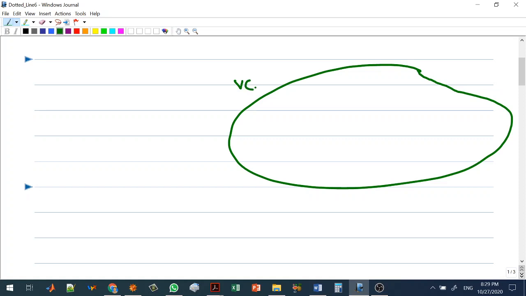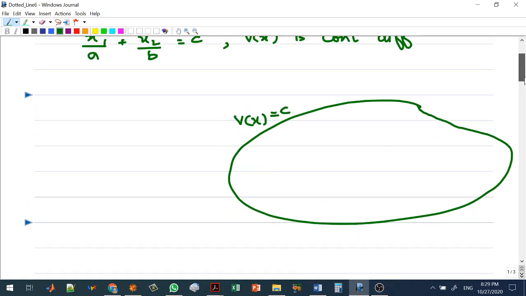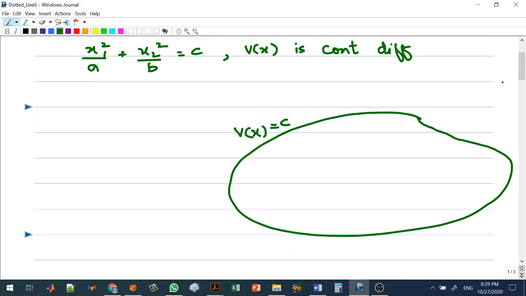It is given by the curve V(x) = c, and we want to see whether a limit cycle exists in this or not. So if we consider the gradient vector of V(x), then we know that it points towards the direction of maximum increase.